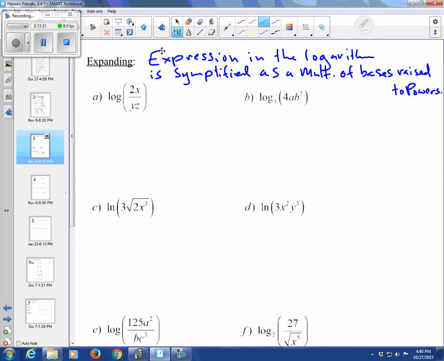So what we want to see is basically a multiplication of bases raised to powers inside our logarithm. Now some of these already have that, and we're going to be able to expand them out right away. Others of these we're going to have to manipulate a little bit before we think about expanding them out, right?